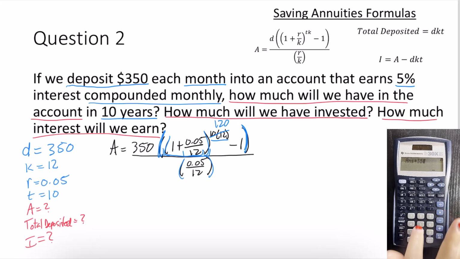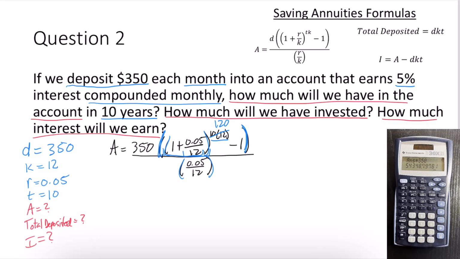So if I multiply this by 350, that gives me A equals 54,348. And if I round the 79 cents up to 80, that will give me the amount that I have in my account at the end.